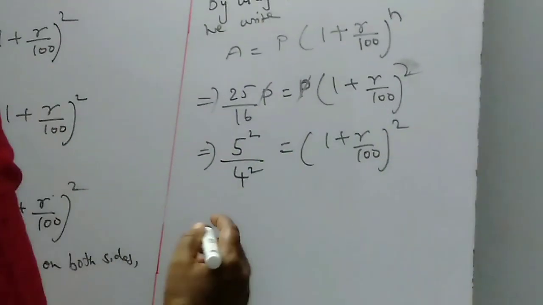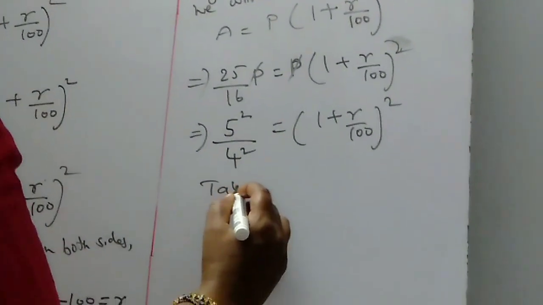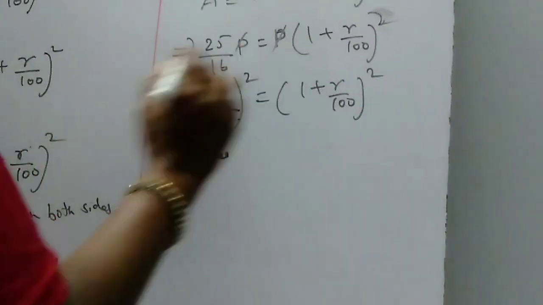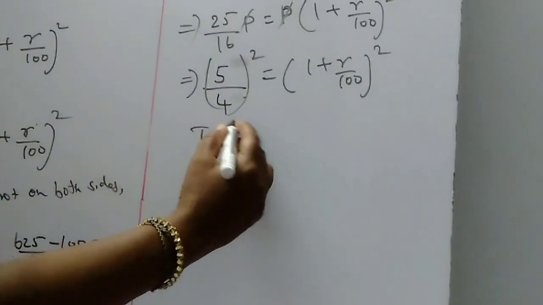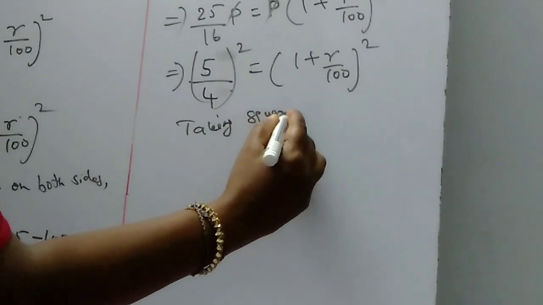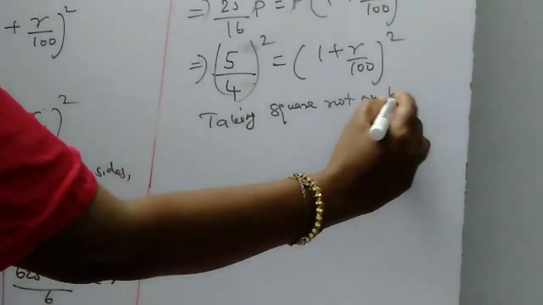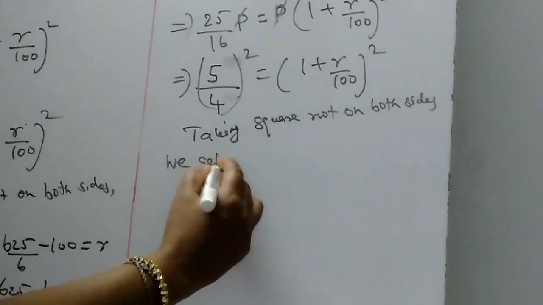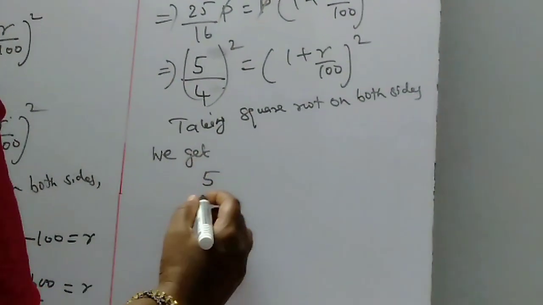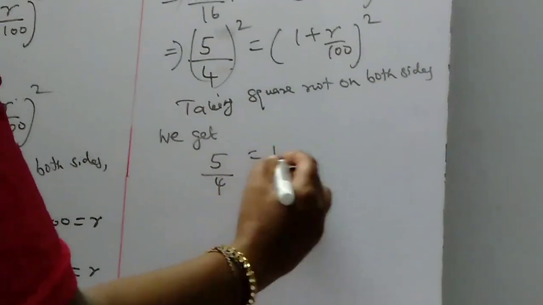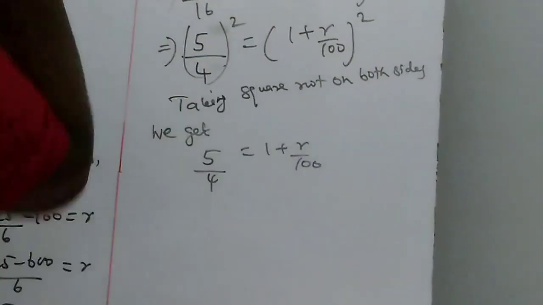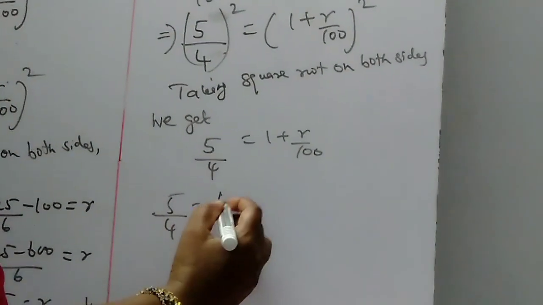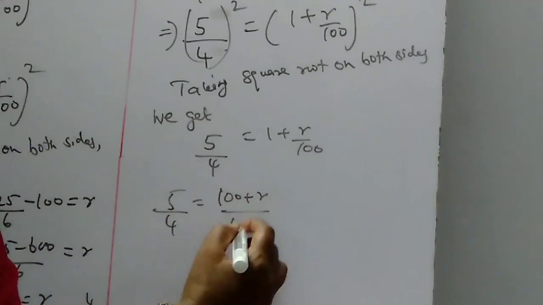This can be written as 5 by 4 the whole square. Taking square root on both sides, we get 5 by 4 equal to 1 plus r by 100. Then 5 by 4 equals 100 plus r by 100.